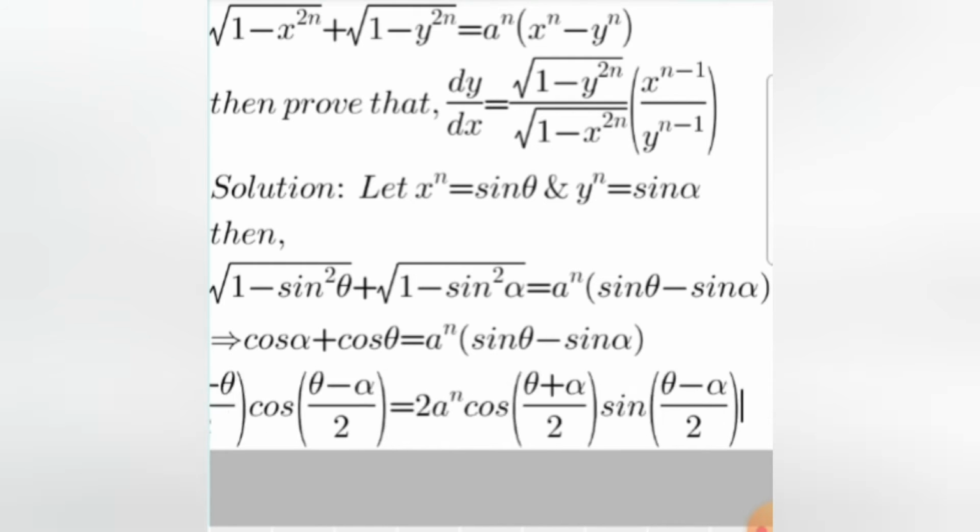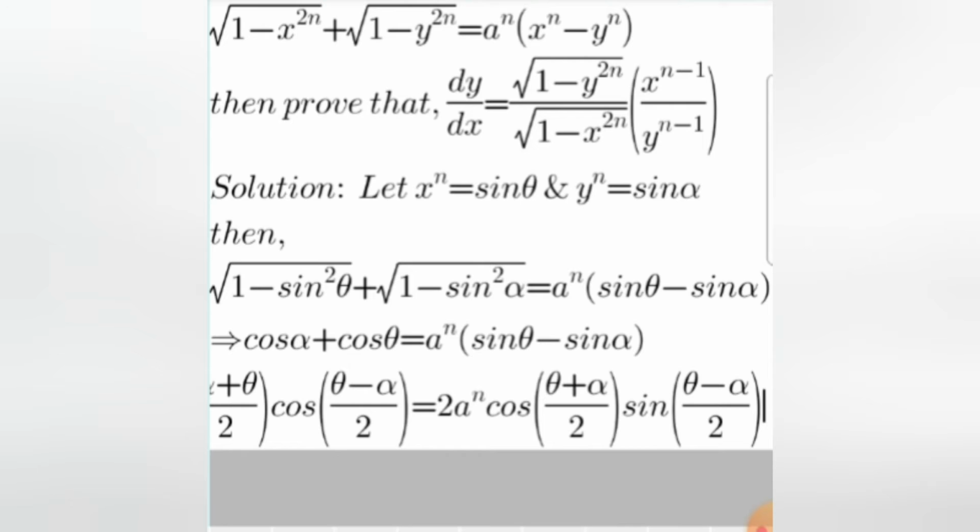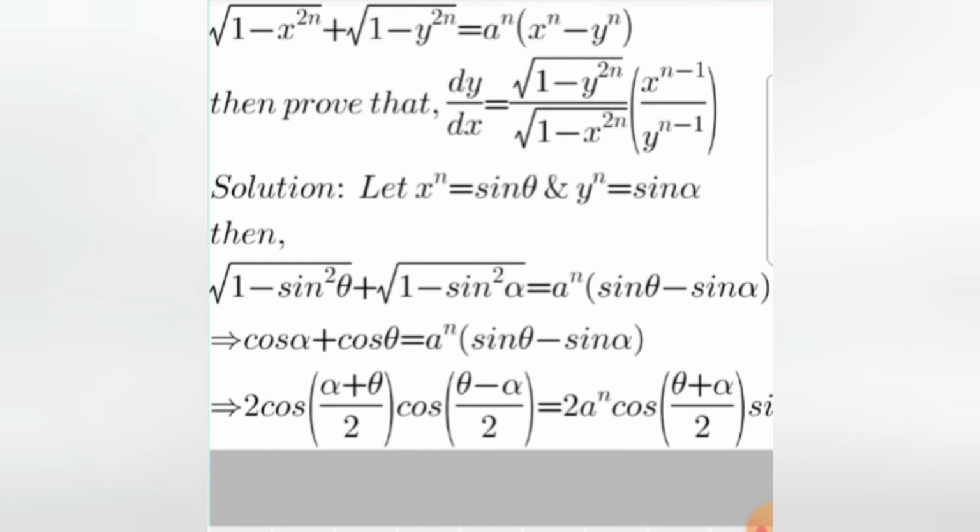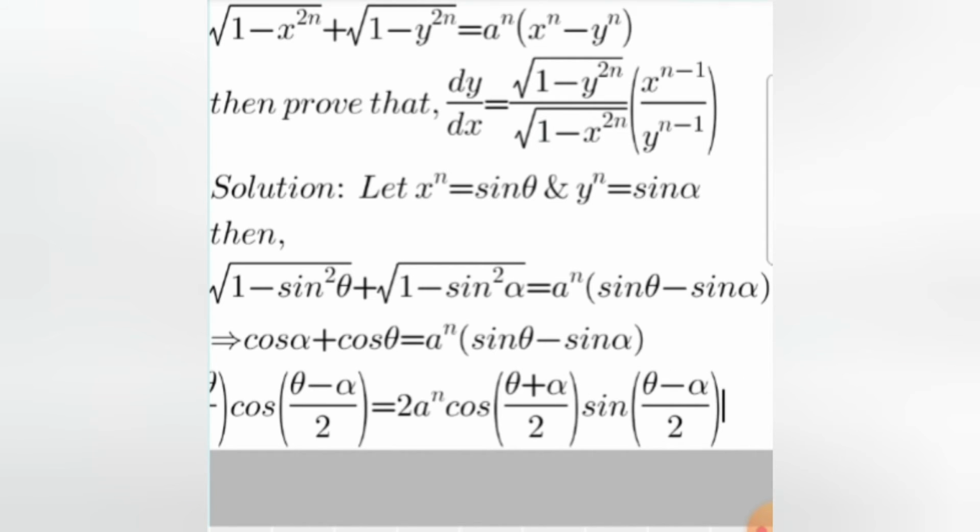From the two sides, the 2 and cos of theta plus alpha are cancelled out, and also 2 and 2 are cancelled out from this equality.